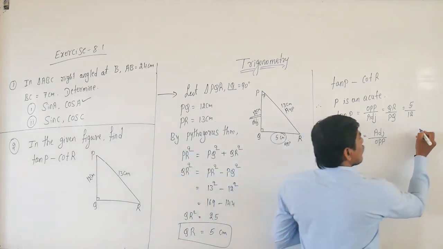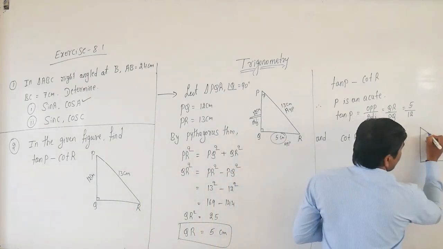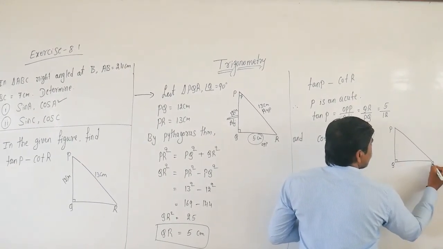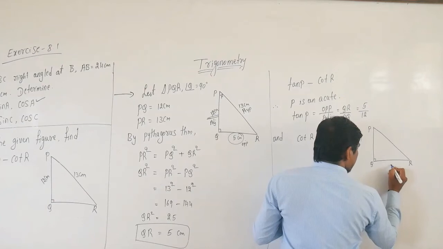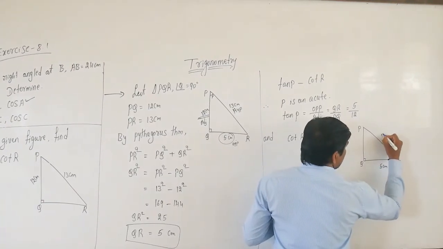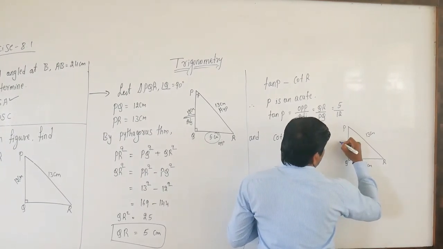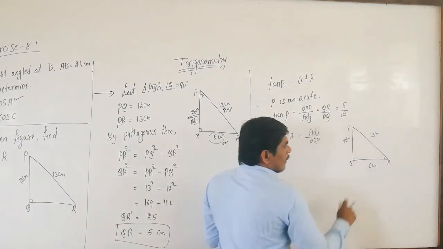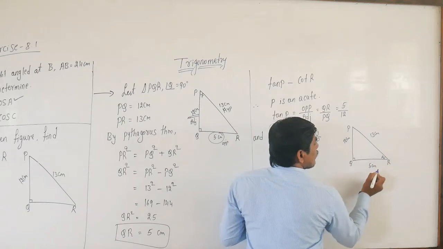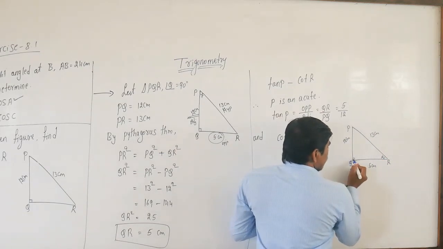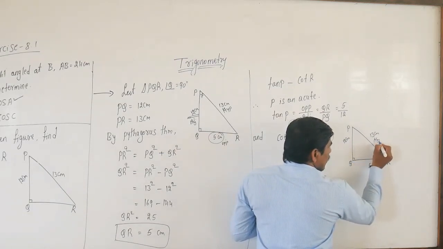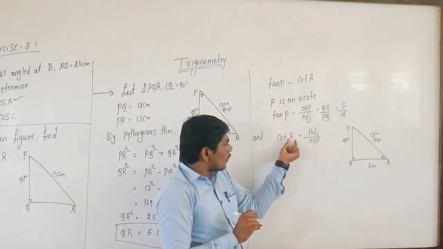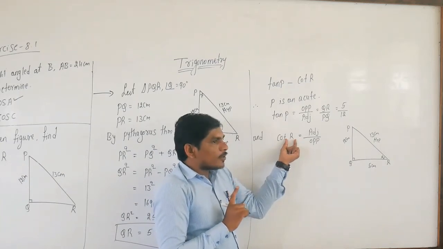See here, P, Q, R, this side length is 5 centimeter, this is 13 centimeter, and this is 12 centimeter. But angle R is an acute. Now the side opposite 90 degree is hypotenuse, but in this trigonometrical ratio angle R is an acute.